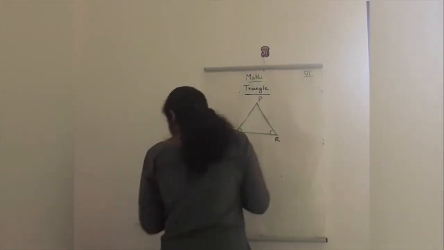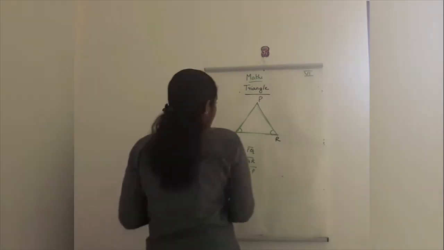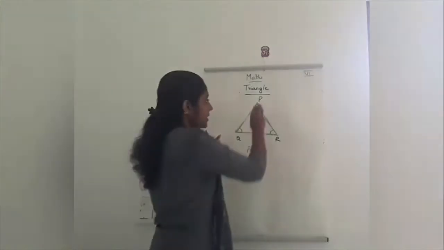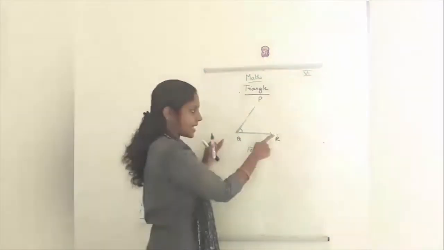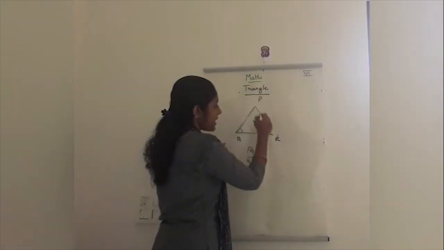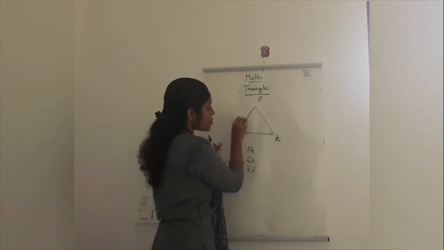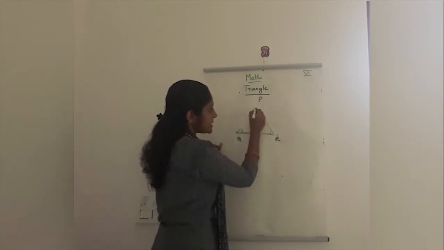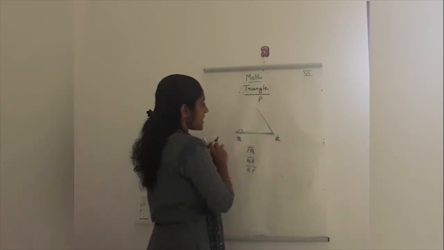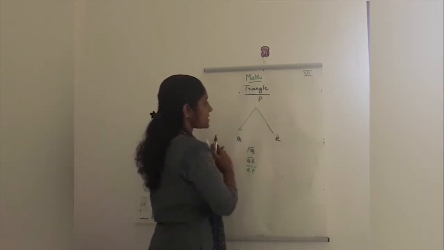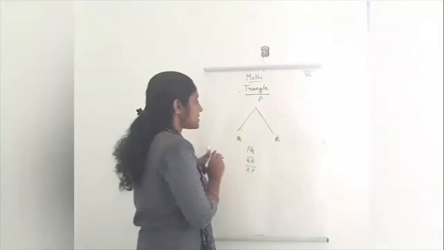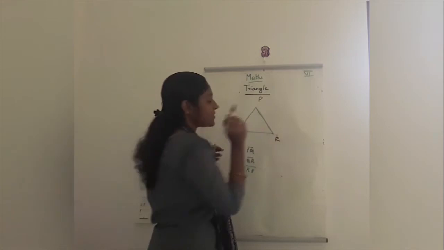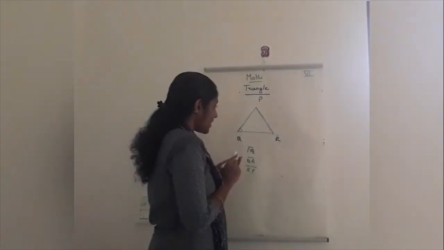So imagine this is a triangle. When you rub this portion, you can see this is an angle. Same like that, when you rub this portion, you can see this is also an angle. Is it? So a triangle has got 3 sides and also 3 angles.